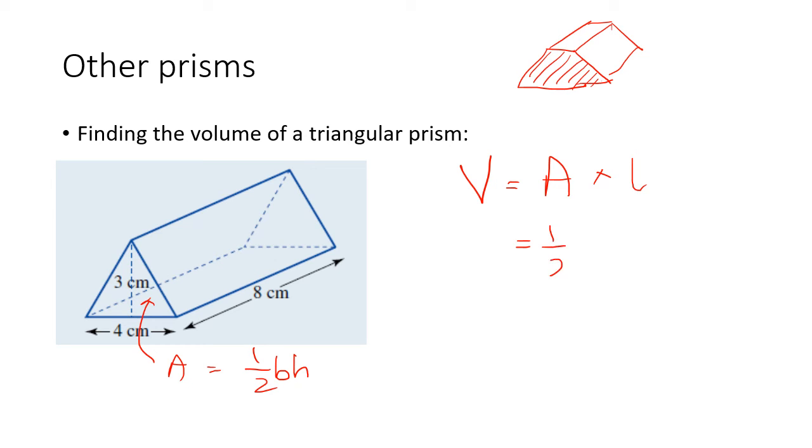So that means we're going to have half of the base times the height of the triangle multiplied by the length of the prism. And look, as long as you keep track of your numbers in your substitution and your algebra, what you call them doesn't really matter that much, as long as it's pretty sensible and clear what you're doing. So we multiply these together and we get 48 cubic centimeters as our answer for this one.